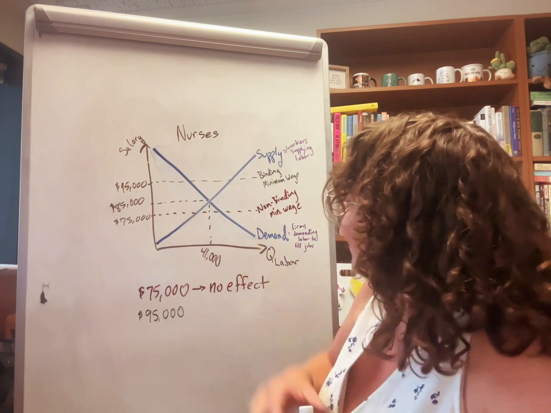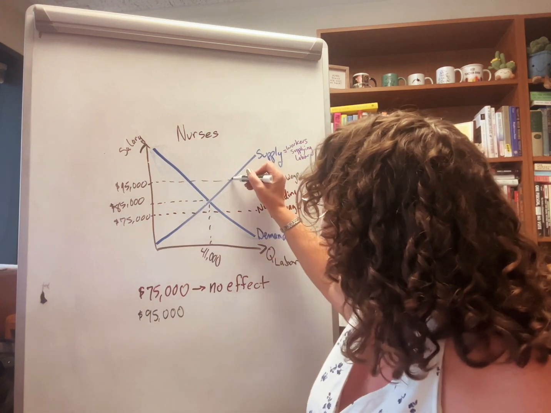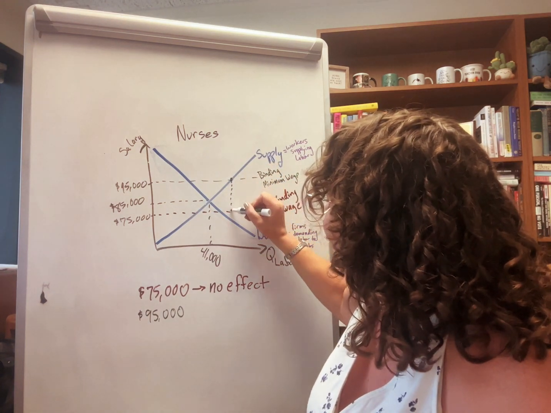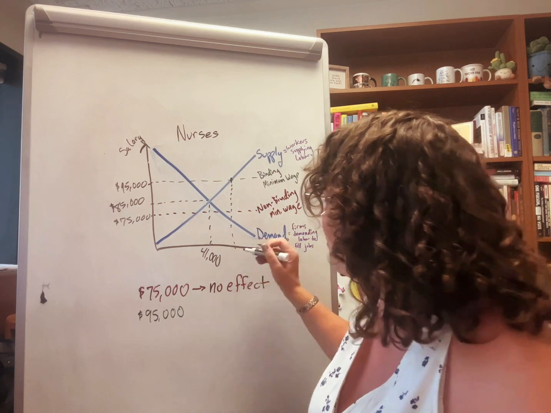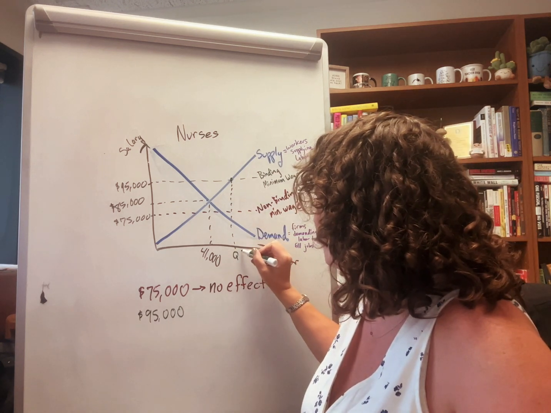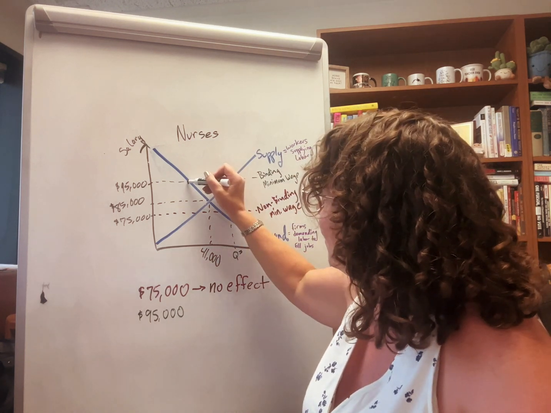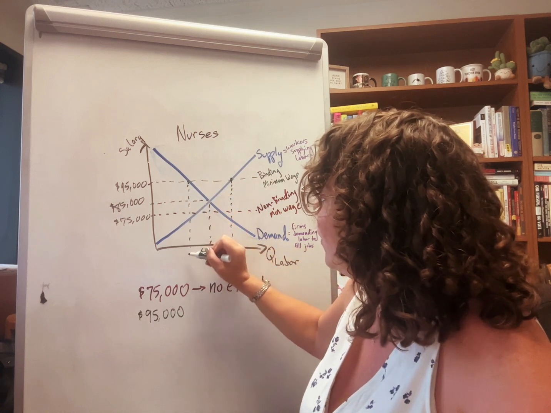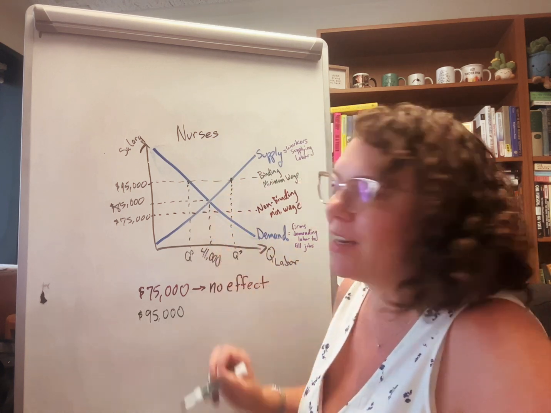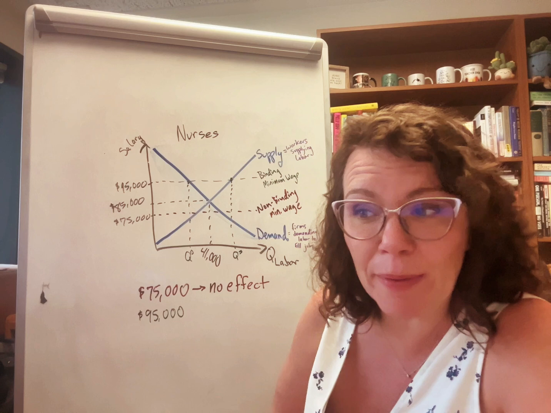That means we're going to have to pay workers more. And if we offer nurses more money, more of them are going to want to supply their labor to the market, but fewer firms are going to want to demand that labor because it's gotten more expensive.